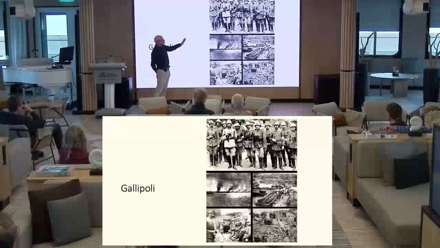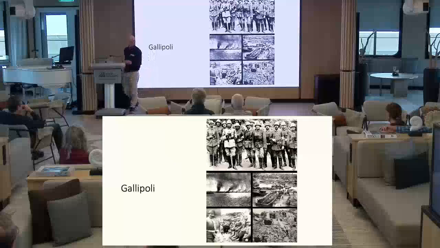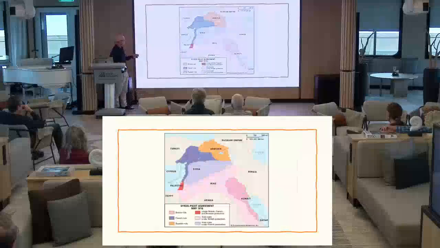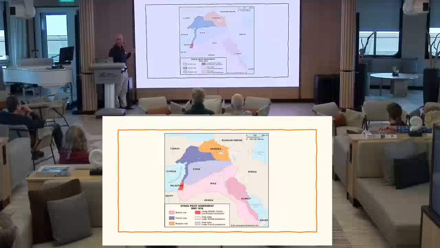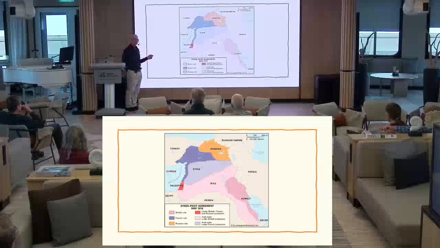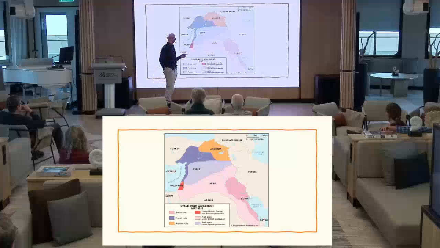We're familiar to some extent with the disastrous consequences of Gallipoli, but we're less familiar with this. It's called the Sykes-Picot Agreement, and I think it's probably called that to sound really boring. Because if you want to make sure that nobody pays any attention to something, you give it a really dull name.